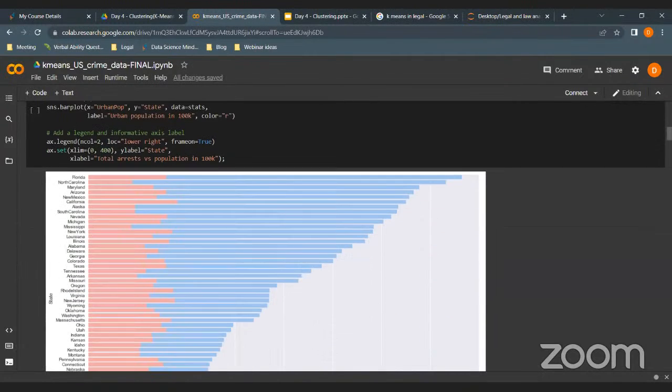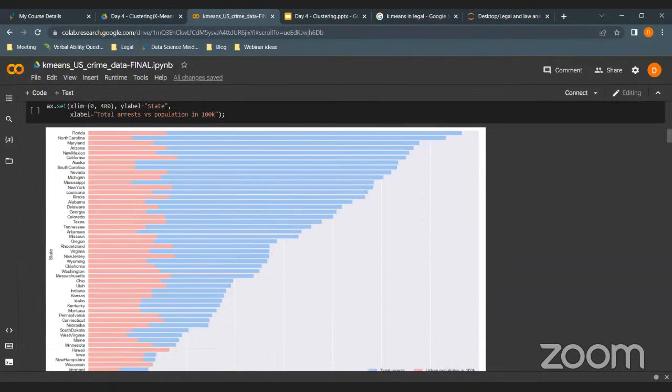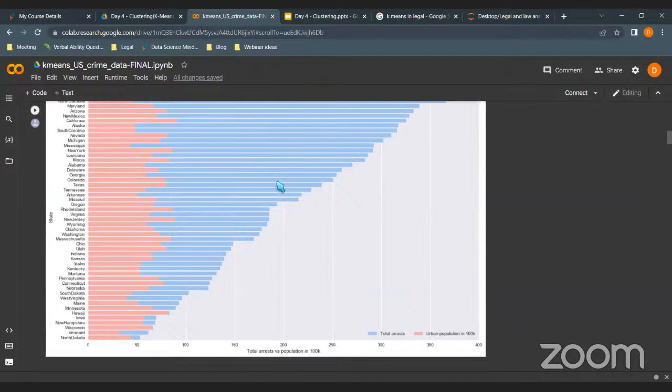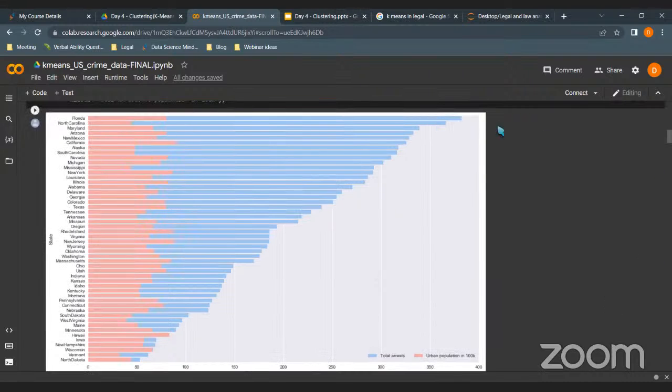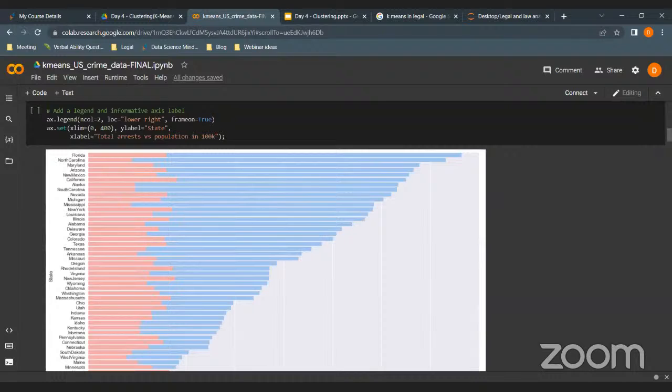So here we can see the total arrests versus population. Okay, so this is the urban population, red one, and total arrests. Okay, this is total urban population, but just multiply it by 100K more, and that will be the population. And this is the real number of arrests. So we can see Florida has the most number of arrests, followed by North Carolina.